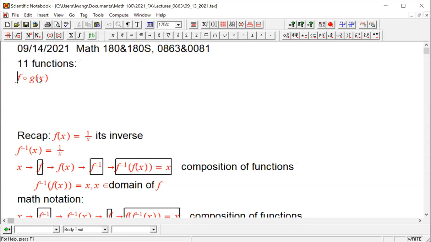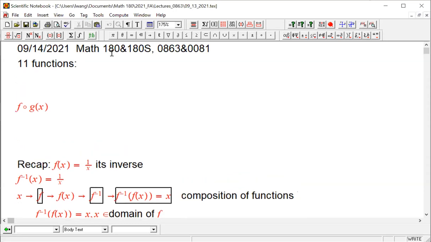Before we review the composition, or introduce it for the first time for some of you, imagine all of these functions being added, subtracted, multiplied, divided, and in addition to that, what do we get?